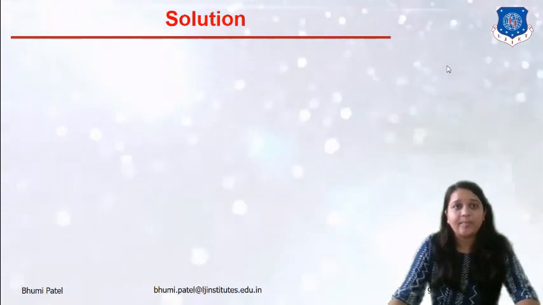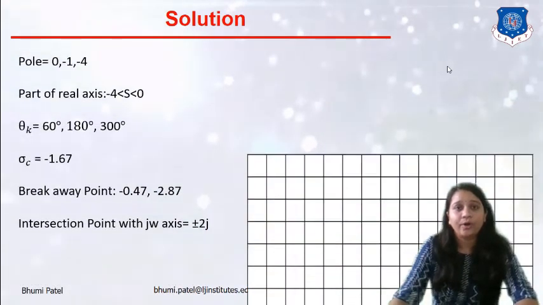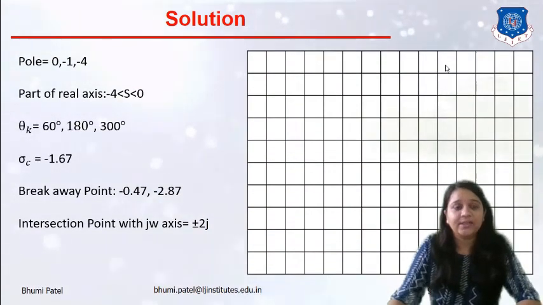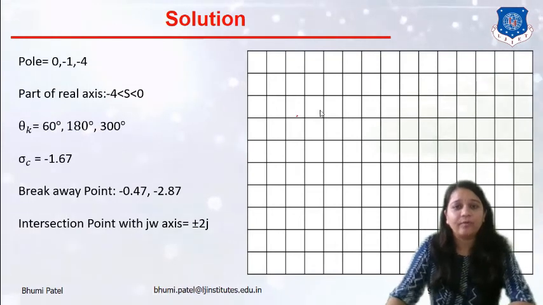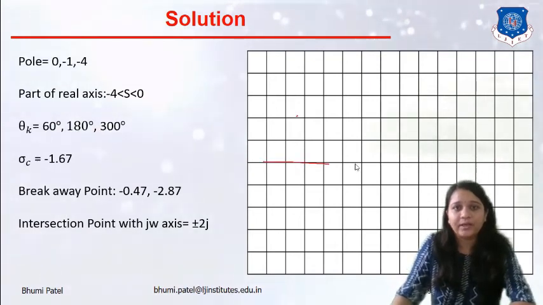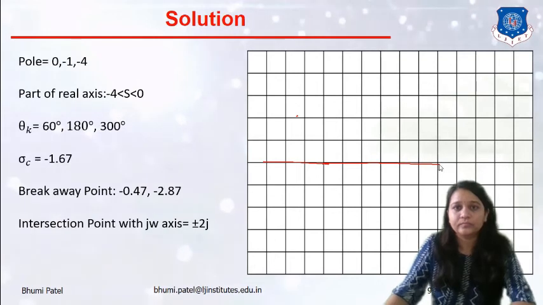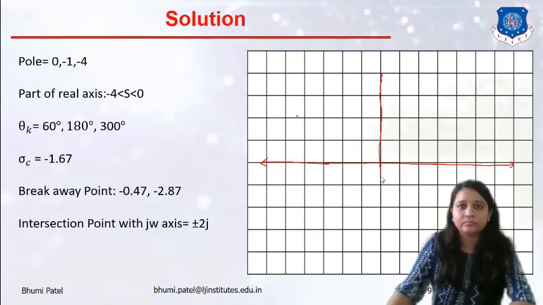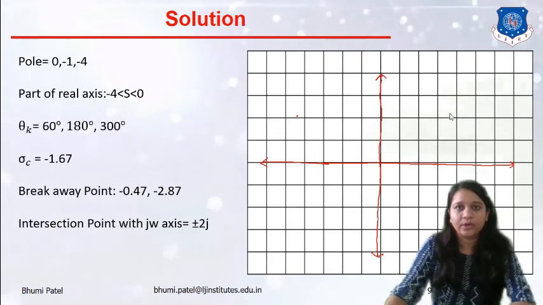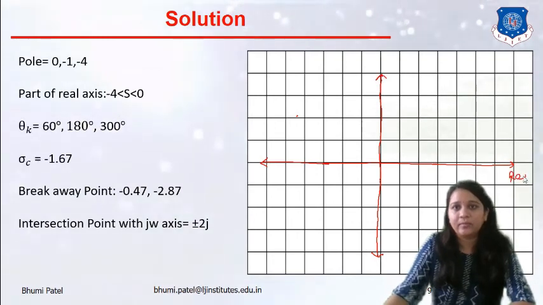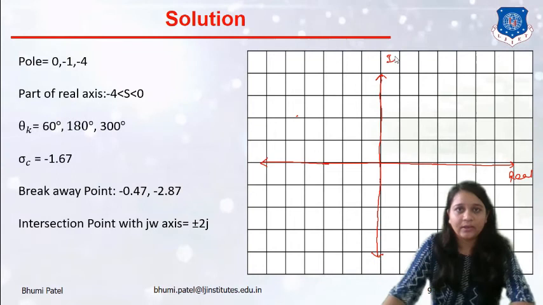Now the last step is to draw the root locus of this system. So first of all, we have to draw a real axis and the imaginary axis. Okay, this is my real value and this is my imaginary value.